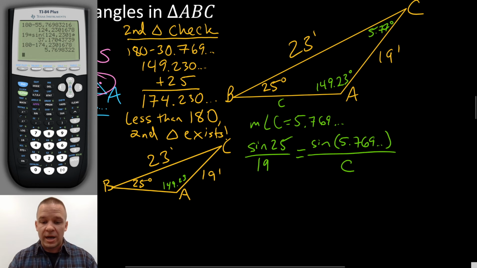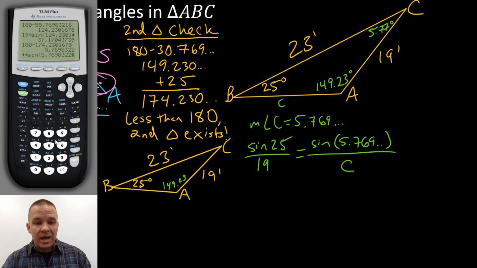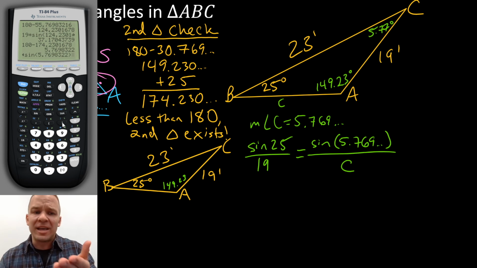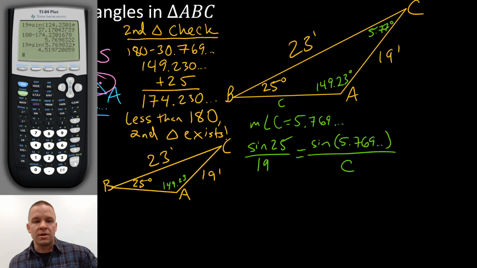So let's plug it all into our calculator just like we did before. I'm going to have 19 times the sine of, and I'm going to use that angle right up there, right? Unrounded values, folks. Unrounded values. And I'm going to divide by the sine of 25. So sine 25, boom diggity. Hit enter.